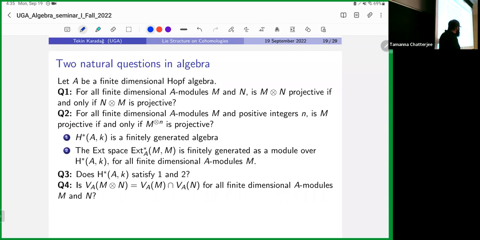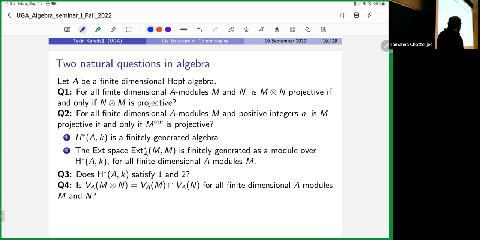The second one is more related to support varieties. Is the support variety of M tensor N equal to the support variety of M intersected with the support variety of N, for all finite dimensional modules M and N?